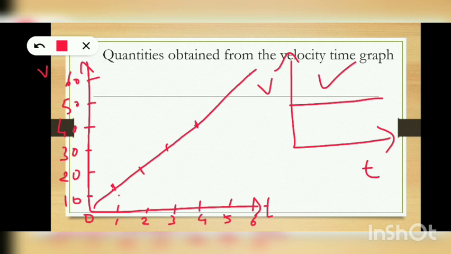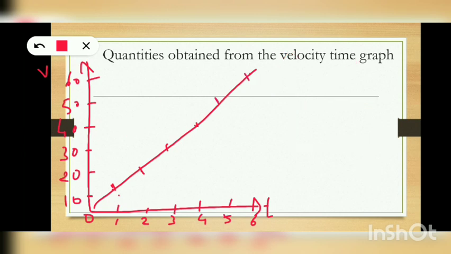Because this graph doesn't have any slope. And moreover, the object doesn't have any acceleration because there is no change in the velocity. So it's not possible to calculate acceleration from all velocity time graphs. We can calculate acceleration only from this type of velocity time graph which possesses a constant slope.